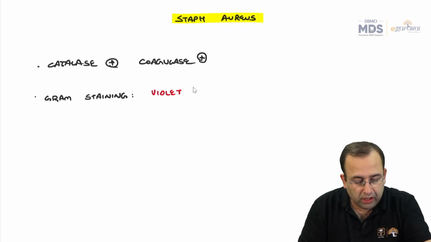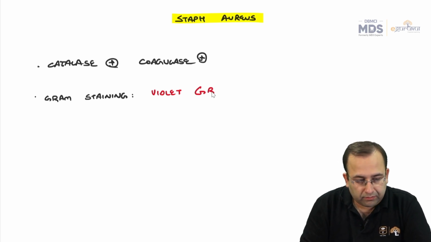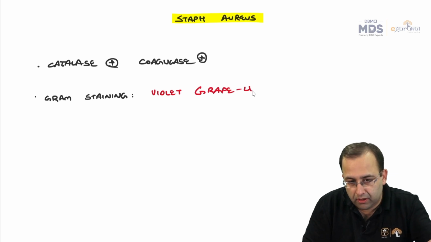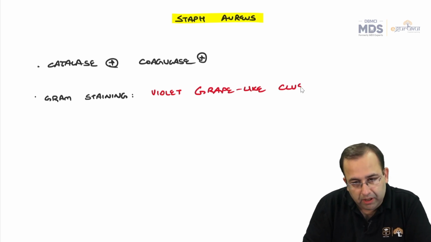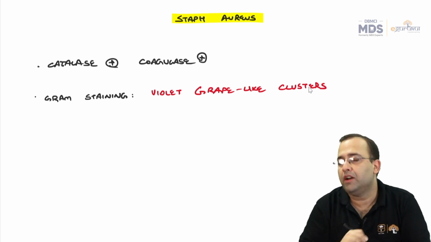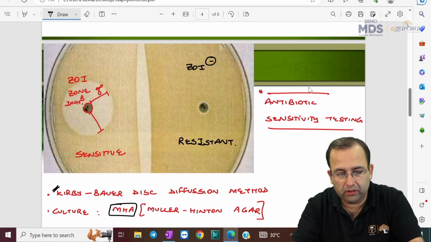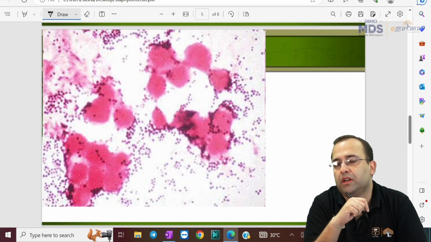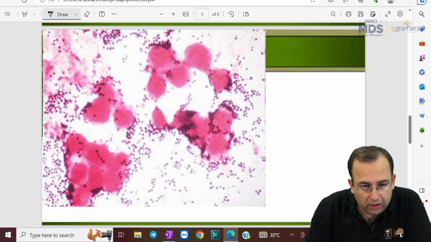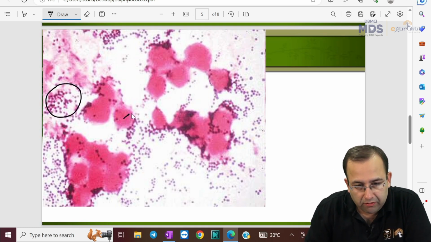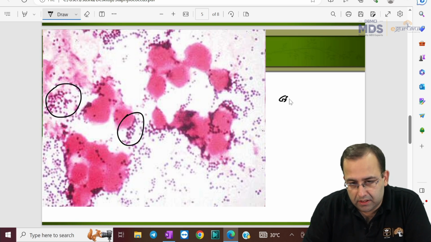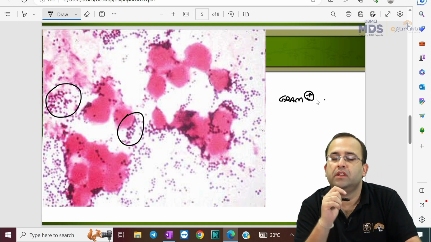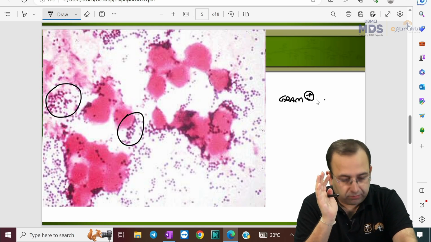They are violet grape-like clusters on gram staining, and this is what it looks like. Have a look on the gram stain now. These are all the grape-like clusters. These are the violet grape-like clusters, which are obviously violet in color, so gram-positive Staphylococcus.